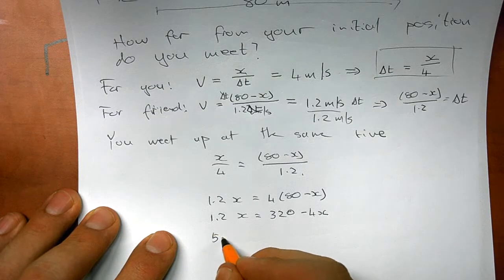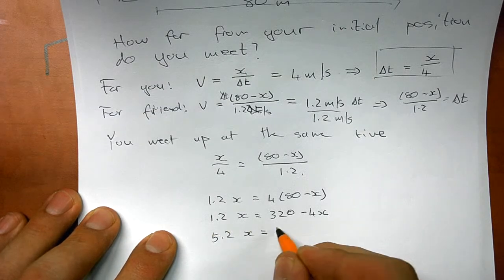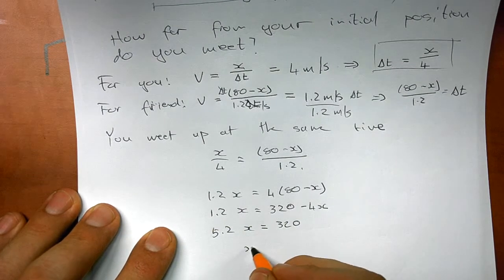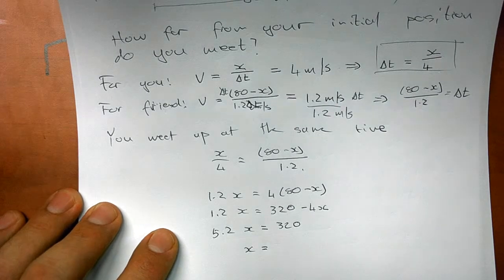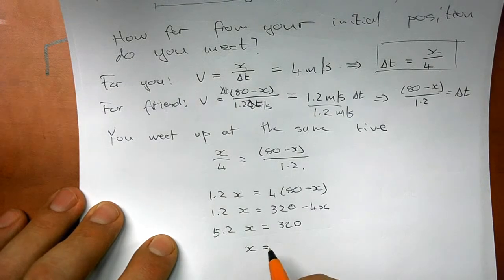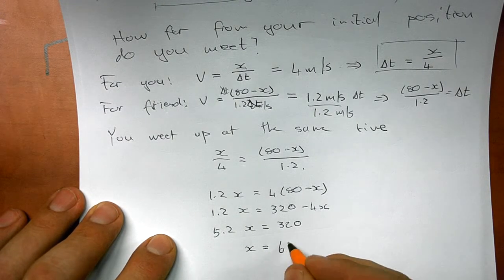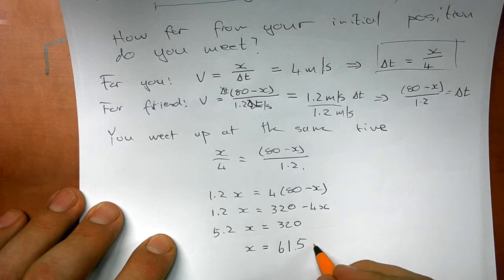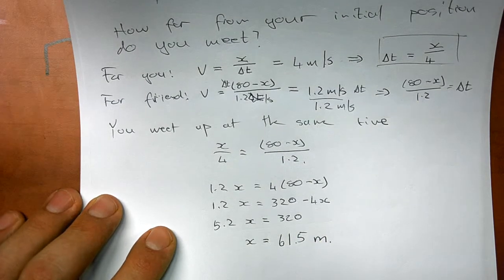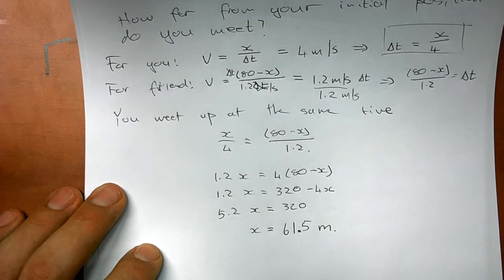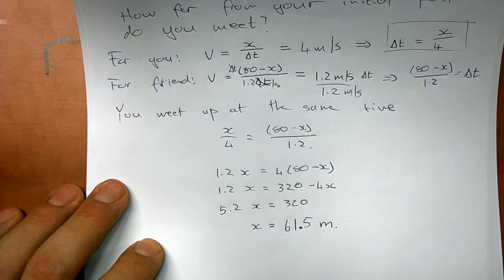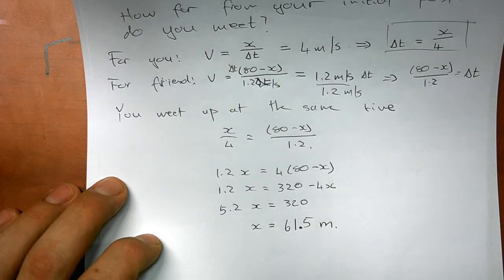So we've got that 5.2x is equal to 320, and what we get is that x ends up being 61.5 meters. Right, so you travel 61.5 meters from where you started, and then you meet up with your friend.